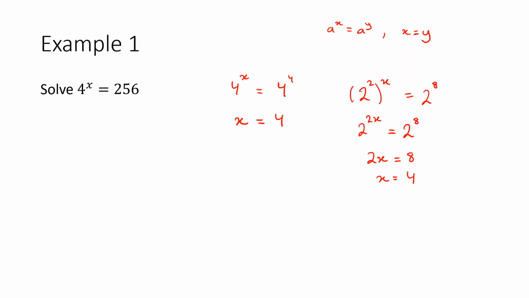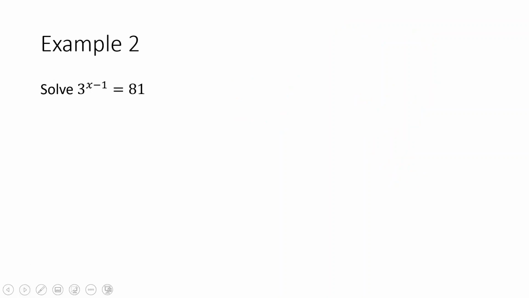Moving on, example number 2. Again, we're going to apply our rule. First we're going to express everything in the same base. So we can write 81 as 3 to the power of, well, what is it? 3 times 3 is 9, times 3 again is 27, times 3 again is 81. So we can write it as 3 to the power of 4. And we apply our rule.